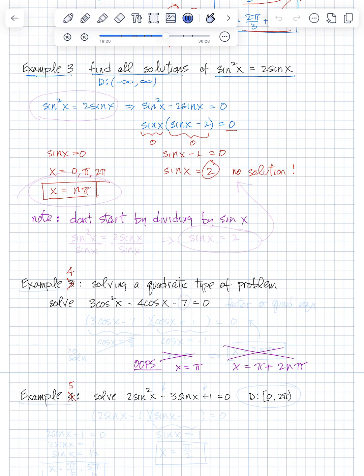And here's why. So here's our original. I'll write it again. Sine squared x equals 2 sine x.